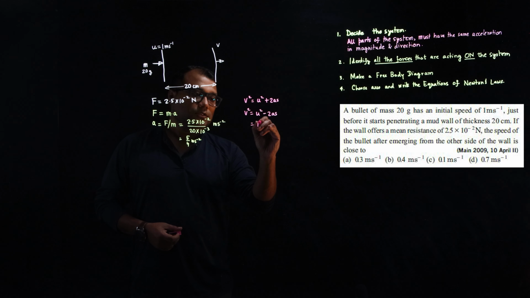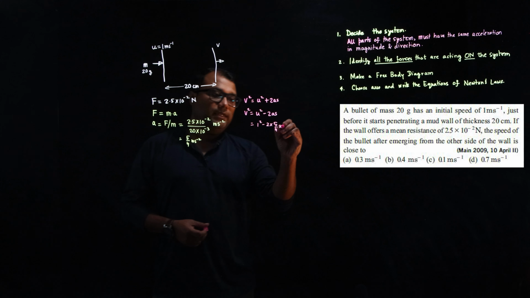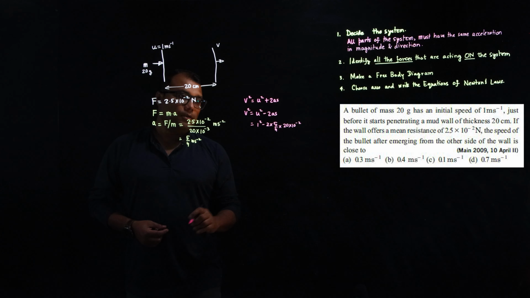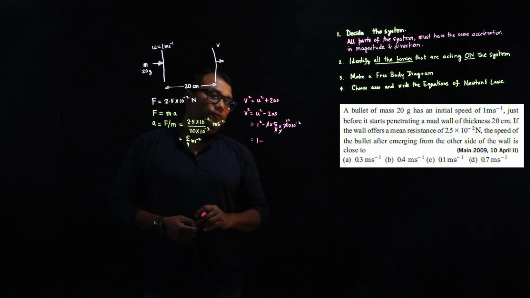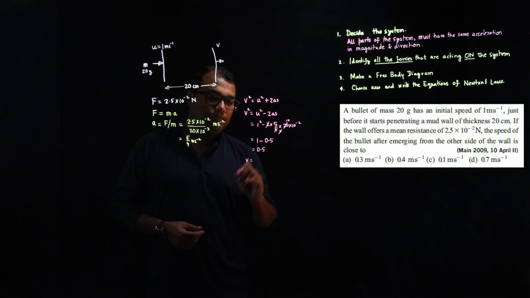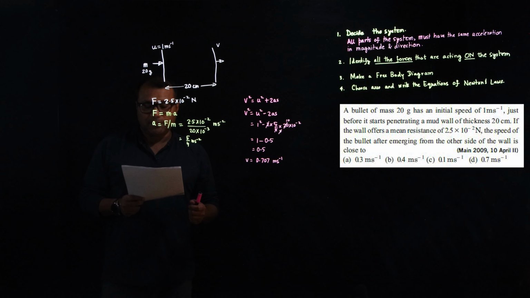So U is 1 square minus 2 times 5 by 4, and the distance to travel is 20 centimeters, so 10 to the power minus 2 meters. Okay, so this becomes 1 minus 0.5, or 0.5. So V is 0.707 meter per second. The correct answer then would be option D.